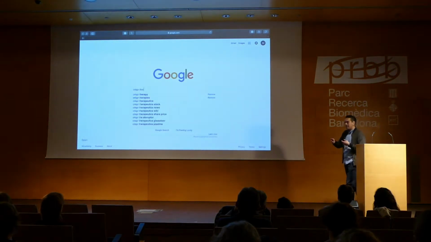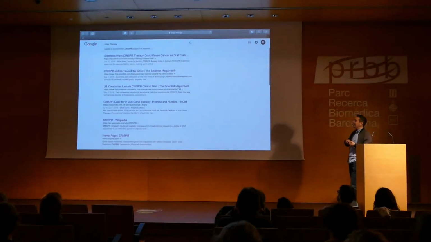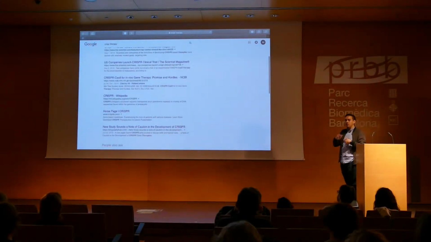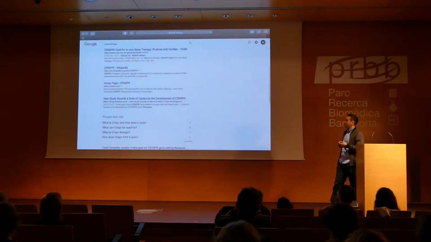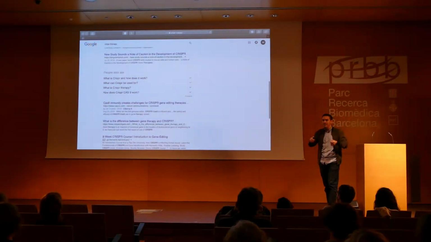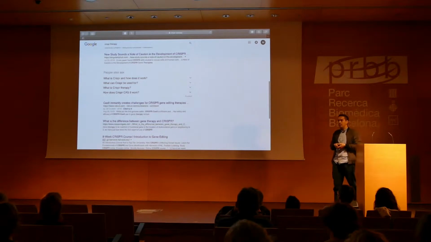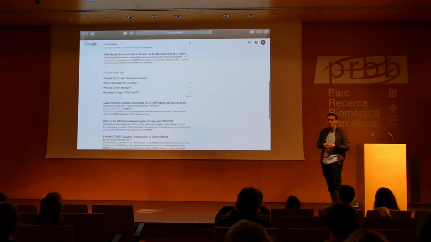And so if you look on Google and you look up CRISPR therapies, there's a lot of articles about safety, about CRISPR moving towards clinical trials, about a lot of these questions that people are interested in, like how does it work, and what can it be used for, and what kind of diseases might we be able to cure.